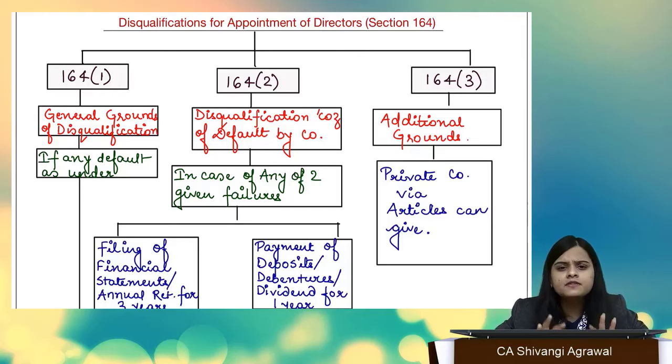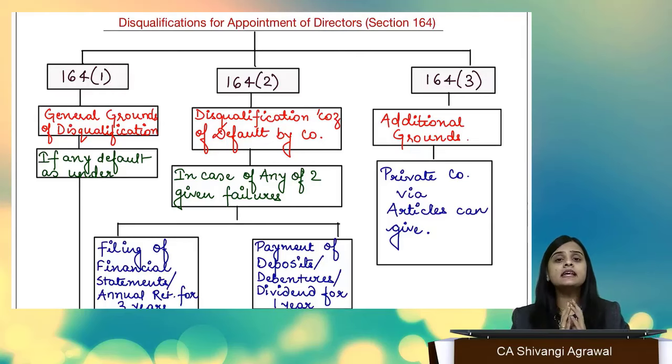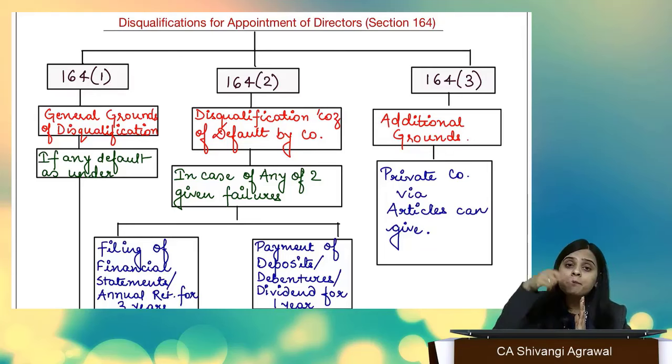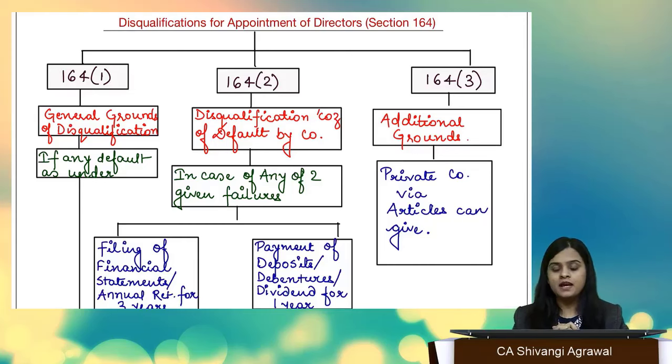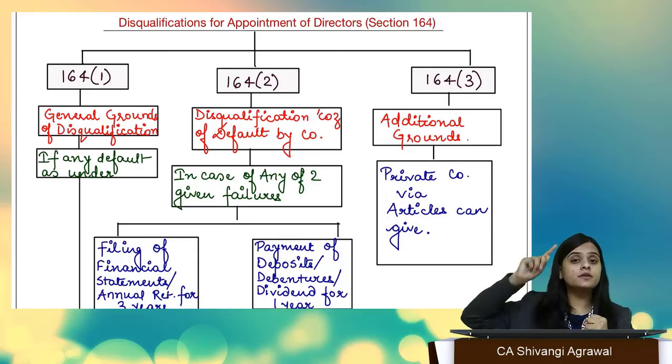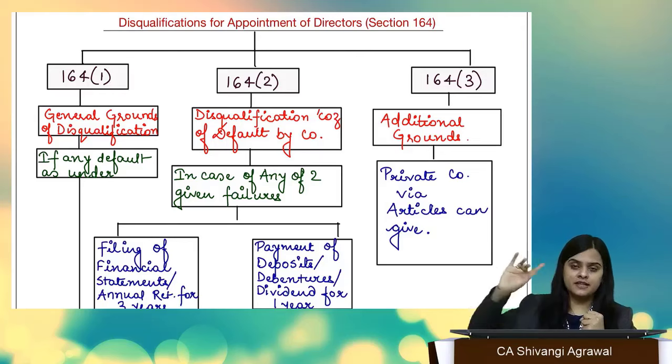If any of the grounds of disqualification is attracted to the person, he is disqualified to be appointed in any company as a director. Okay, ma'am. And supposedly, after his appointment, some ground of disqualification is attracted to him, then he has to vacate office according to section 167 of the Act.